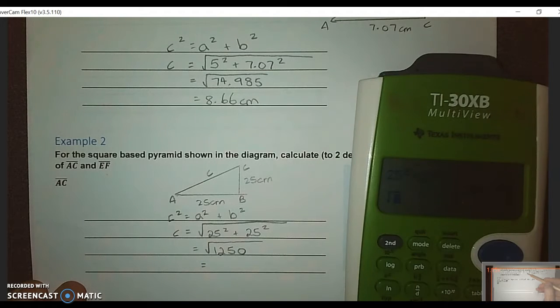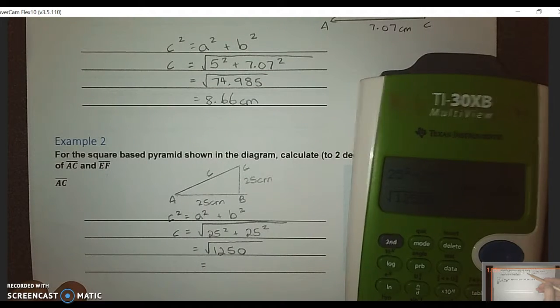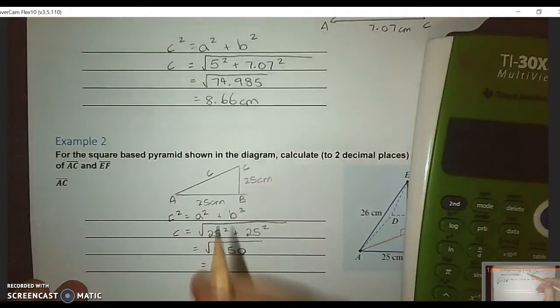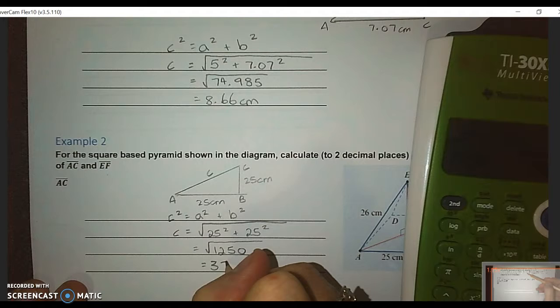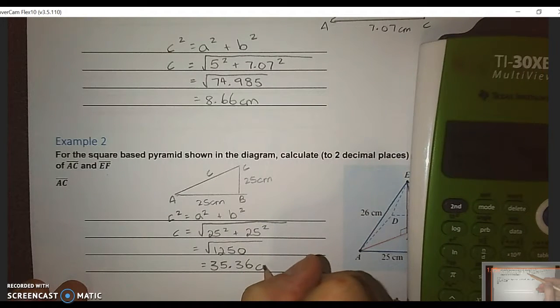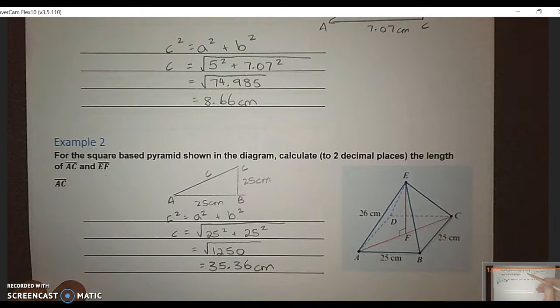Square root of 1250 is 35.36. So the whole length from here to here is 35.36 centimeters.